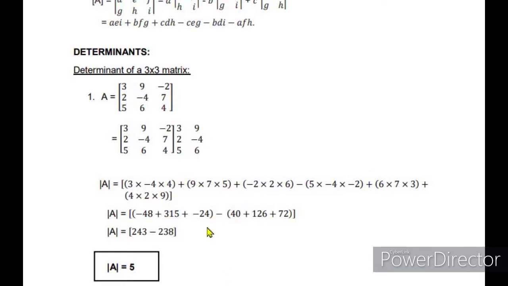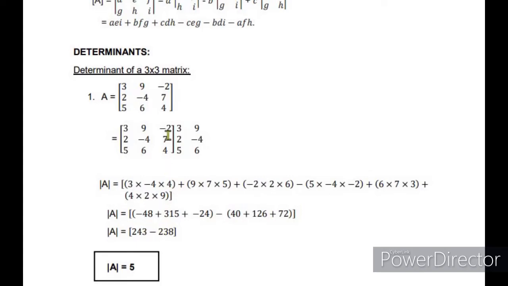For example, the first one is 3 multiplied by negative 4, which is negative 12. Negative 12 multiplied by 4 is negative 48. That is why it is written here as negative 48.